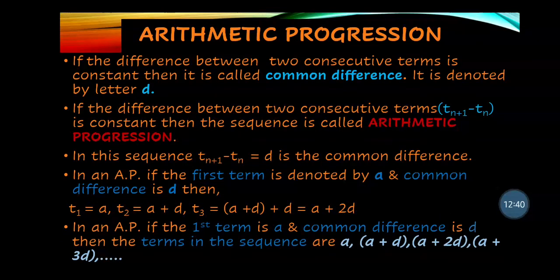So the terms in the sequence are a, a plus d, a plus 2d, a plus 3d, and so on.